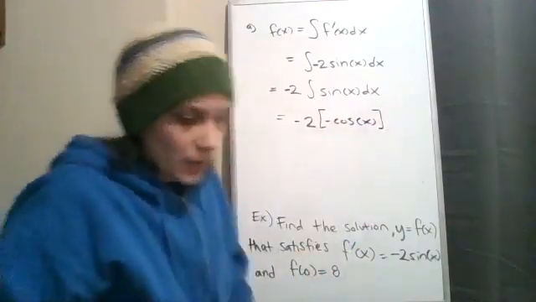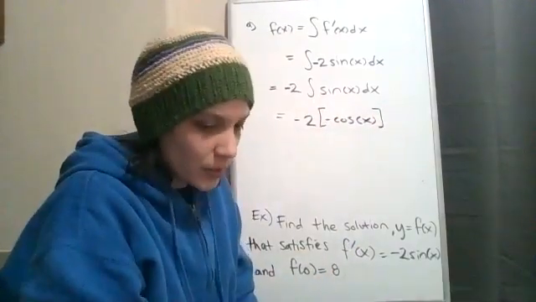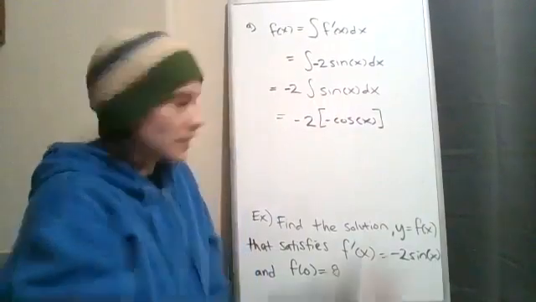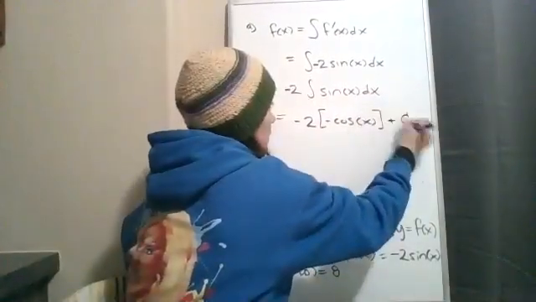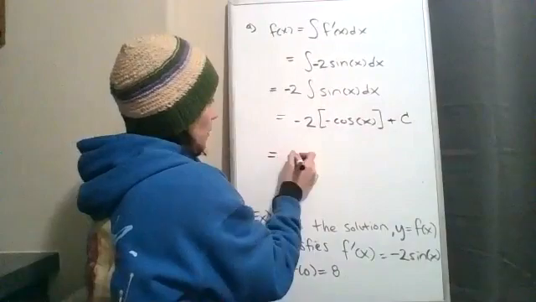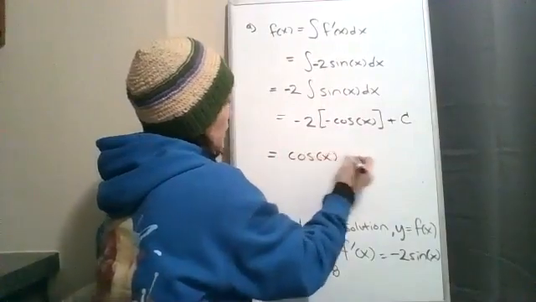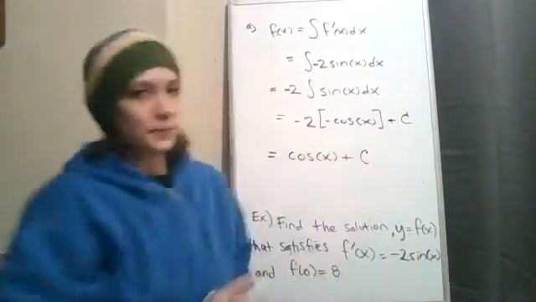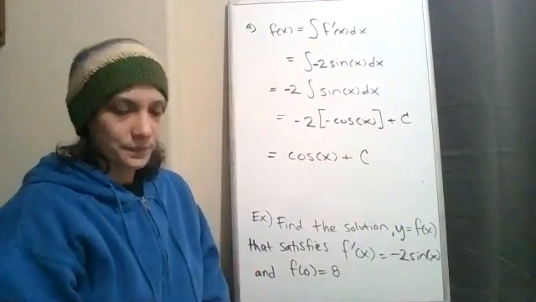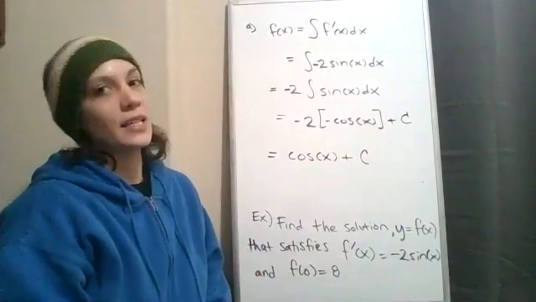Make sure I get this right. Let me see. Yeah, -2, negative cosine x, add c. 2 cosine of x plus c. And then apply the initial condition.